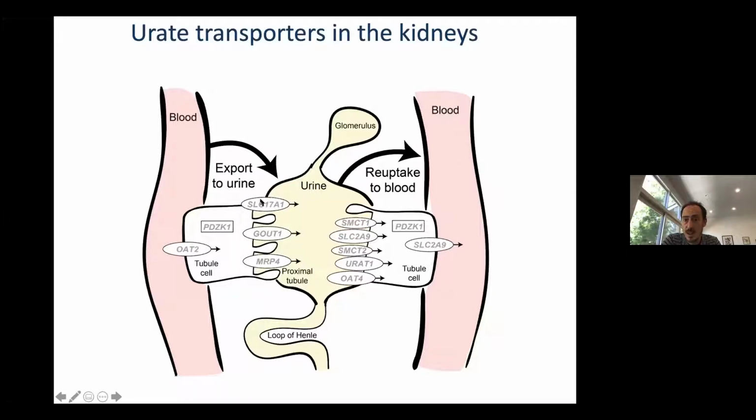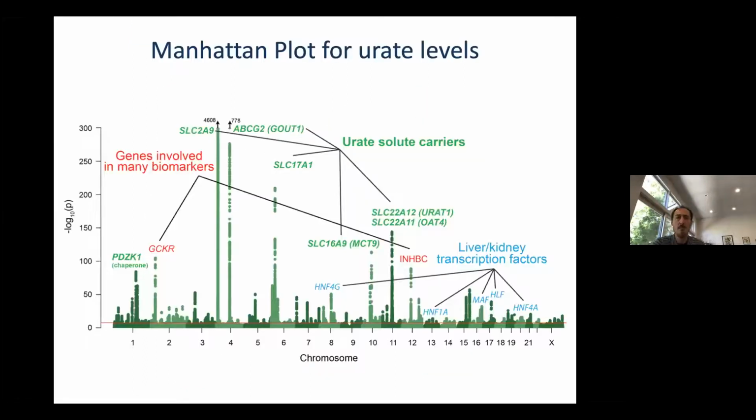And we know from prior literature what all of the transport genes are. So again, these are natural candidate genes that we might think of in advance as being involved in urate levels. Okay, so now let's go to looking at the GWAS data in about 330,000 individuals in the UK Biobank.